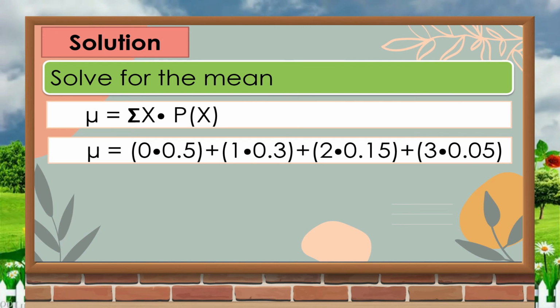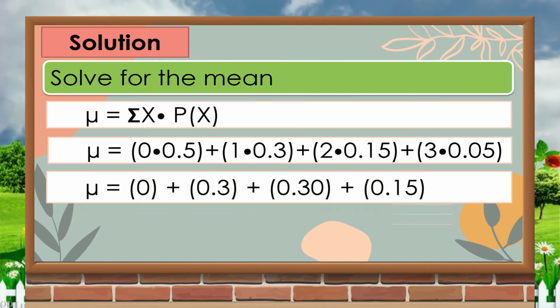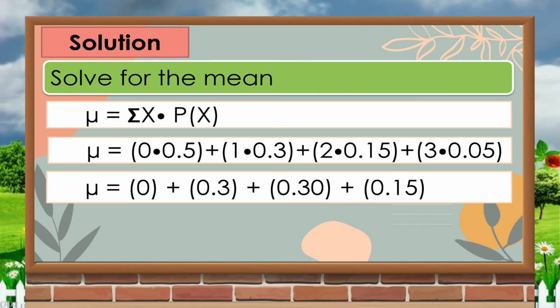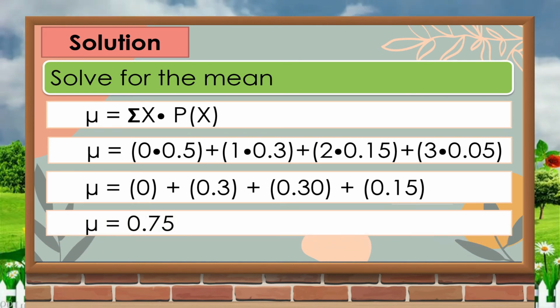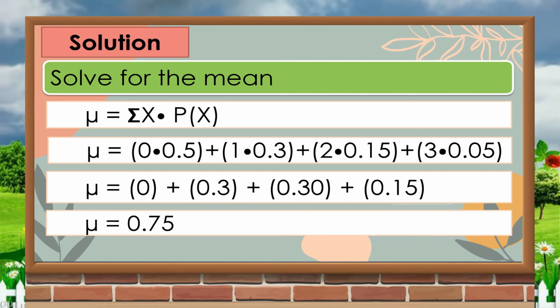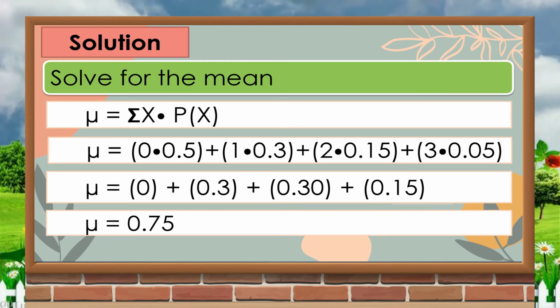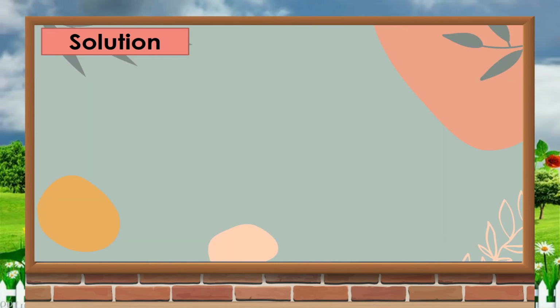Simplifying it further, we have mu is equal to 0 plus 0.3 plus 0.30 plus 0.15. Then, combine all the numbers, we have mu or the mean is equal to 0.75. The mean 0.75 implies the average number of COVID-19 patients admitted per day. After getting the mean, we can now solve for the variance.